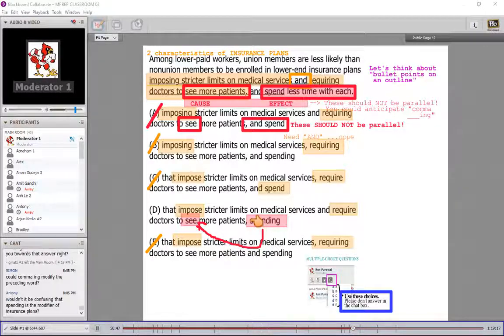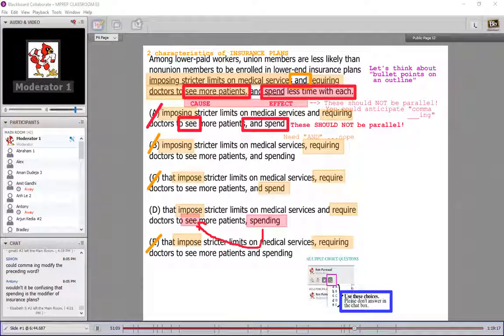It has to have some sort of relationship to that action. So spending is not a modifier of insurance plans. I'm not sure what the question is, but the nearest action doesn't have to be a complete sentence. It's just the nearest action. Here, the nearest action is this, see more patients. So these can do that.